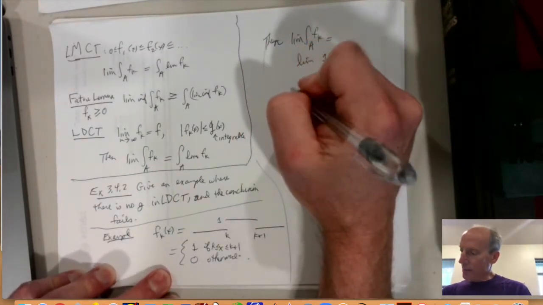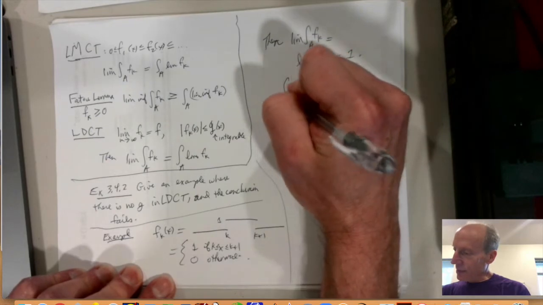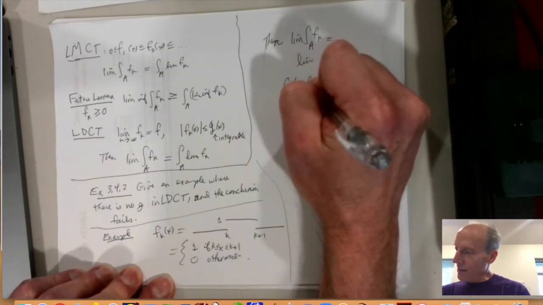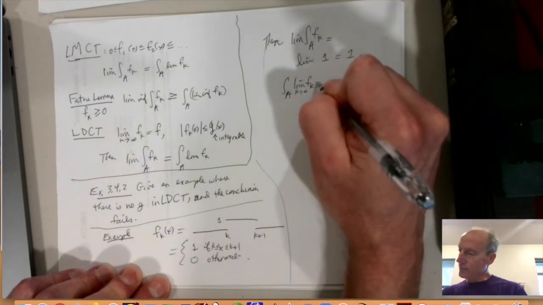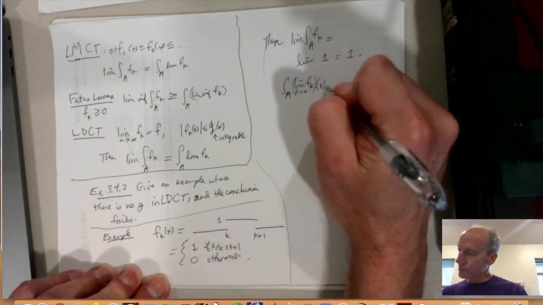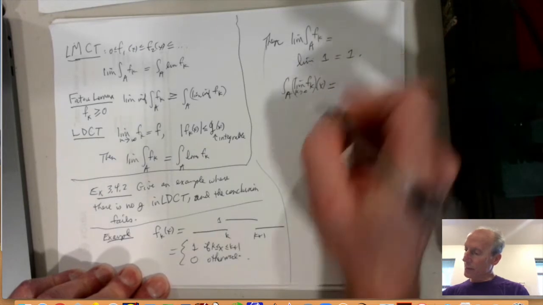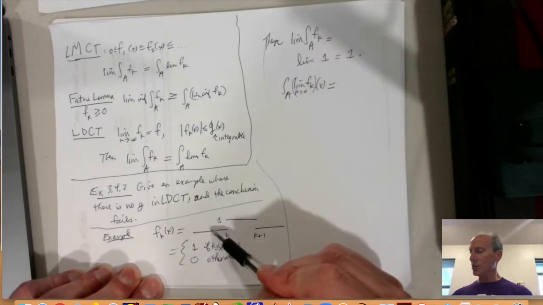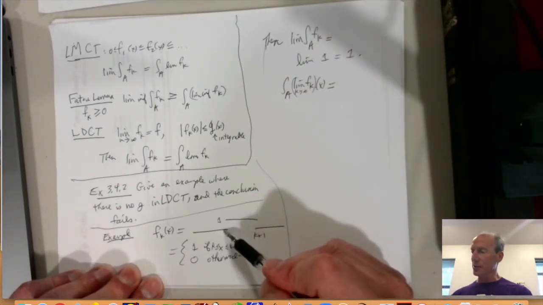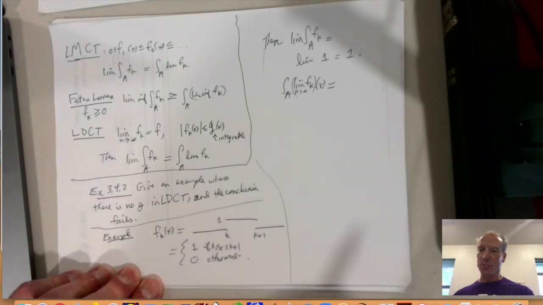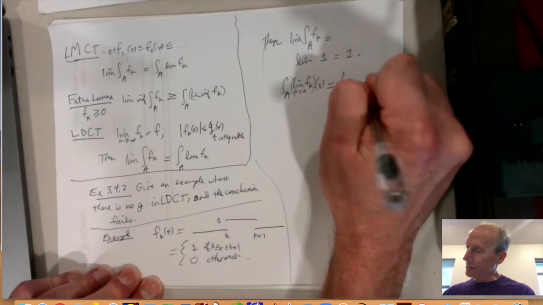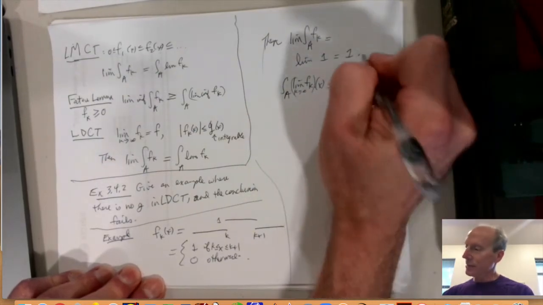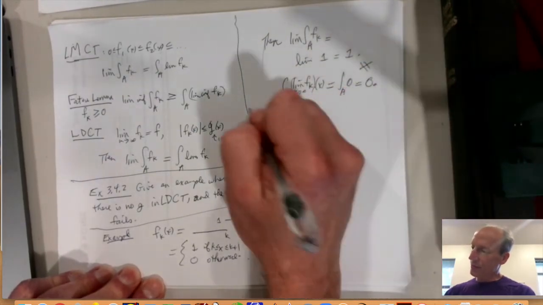But then if you take the integral over A of the limit of fk as k goes to infinity, well, the limit of this function as k goes to infinity at every x is just 0, because the bump goes past it. So this is actually the integral over A of 0, so that's equal to 0. So those two things are not equal, right?